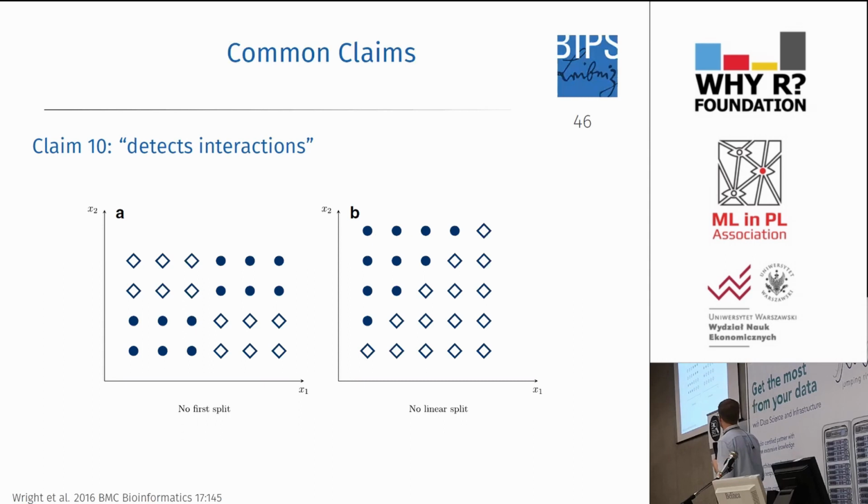On the left, you see a data set where you won't find a first split. This clearly is an interaction between x1 and x2, and it's very simple. If you have two splits, you split here, and it's perfectly separated. But every split you try will always have no change in purity in the subpartitions.